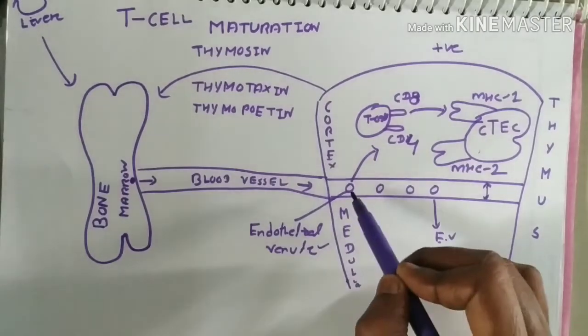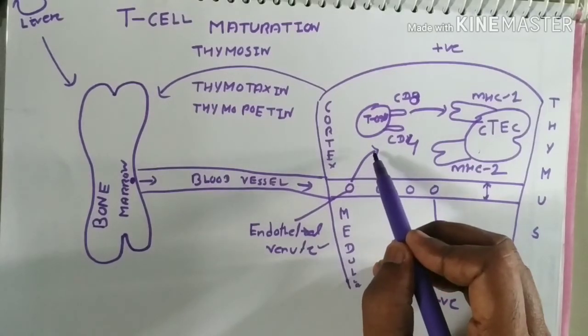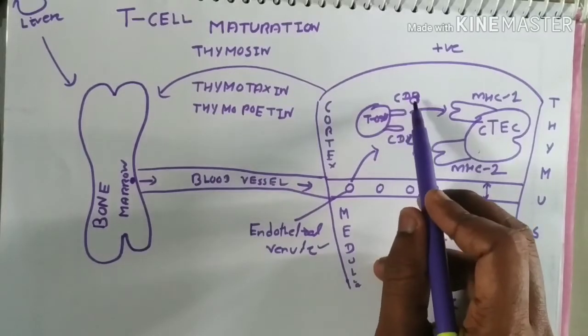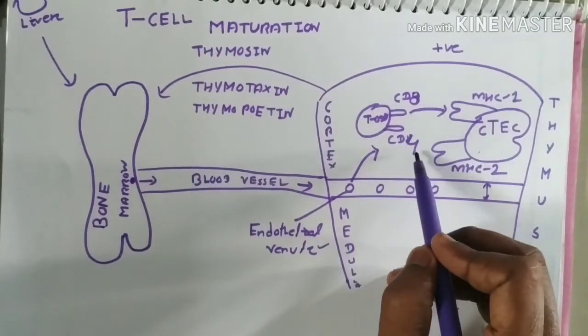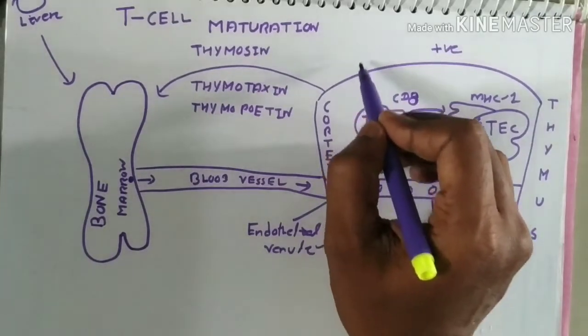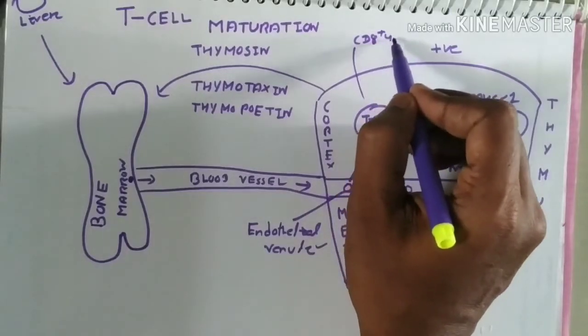When this T cell precursor goes from the venule to the cortical region, it possesses two types of receptor, CD8 and CD4. So we can say this T cell is CD8 plus and CD4 plus.